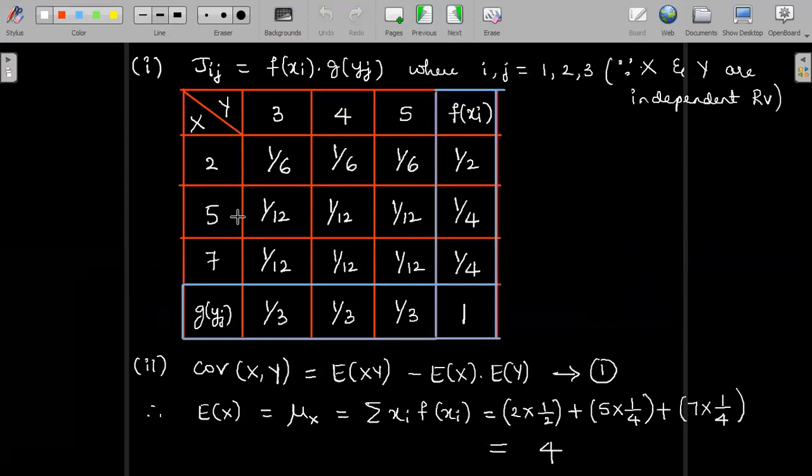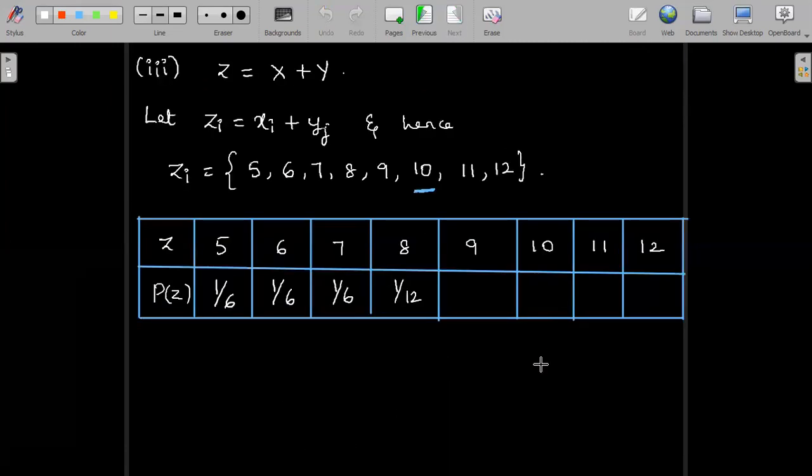From the joint table, x is equal to 5, y equal to 3. 5 plus 3 is 8. Its respective probability is 1 by 12. Similarly, for 9, it is 1 by 12. Whereas for 10, it is the sum of two 1 by 12s.